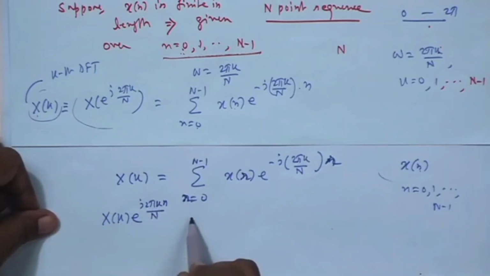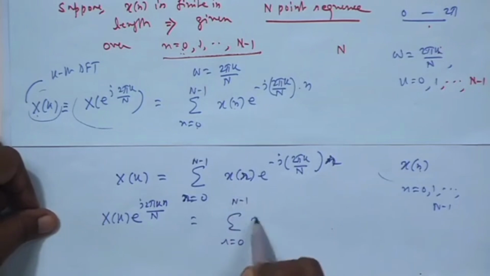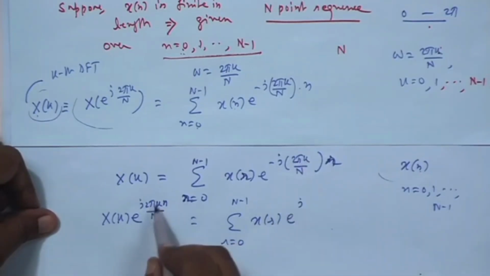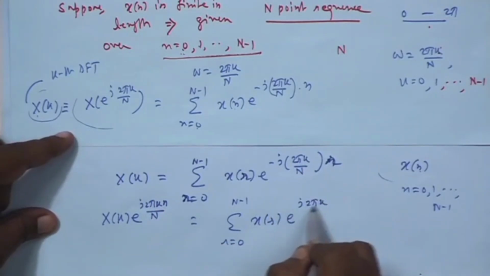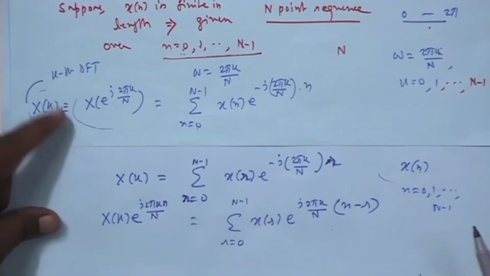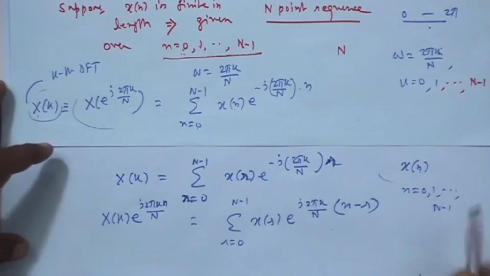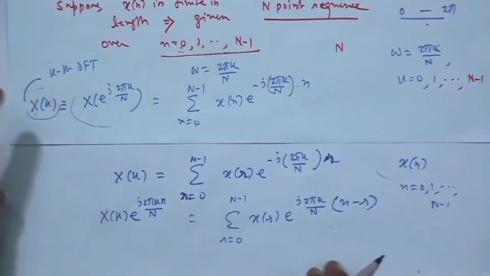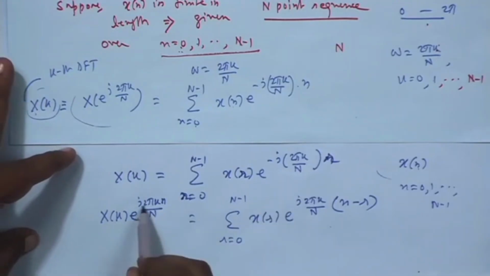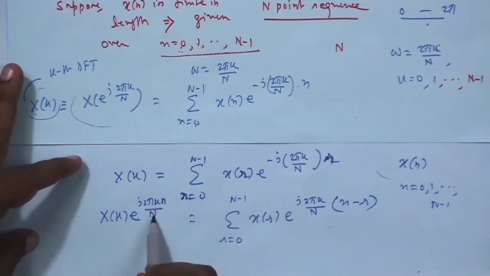The right hand side also gets multiplied by e to the power j 2 pi k n by N, I just multiply both sides. On the right, X[k] for a particular k is a summation with e to the power j 2 pi k into small n by capital N. What is small n?